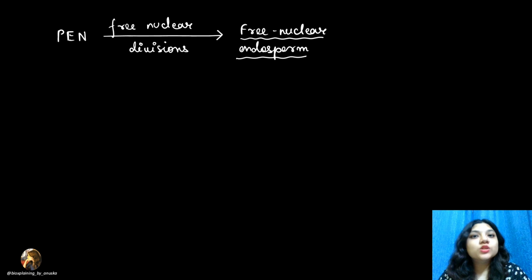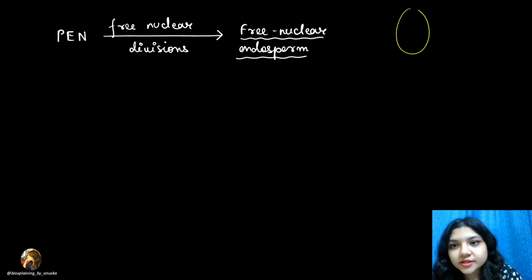The primary endosperm nucleus that is present will now undergo free nuclear divisions, which lead to the formation of the free nuclear endosperm. What do we understand by this term free nuclear? Free nuclear means that the nuclear division will occur but no cell wall formation will occur.